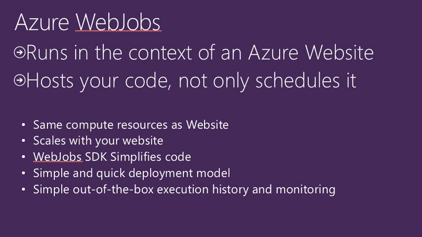We have the WebJob SDK for WebJob development, and it is pretty simple to create and deploy. You can see the WebJob history and diagnostics in the Azure website itself.